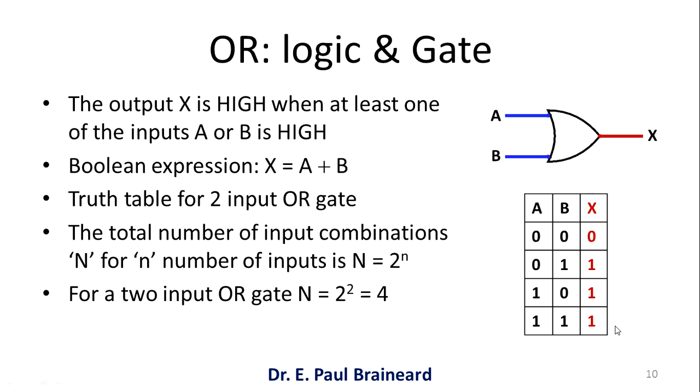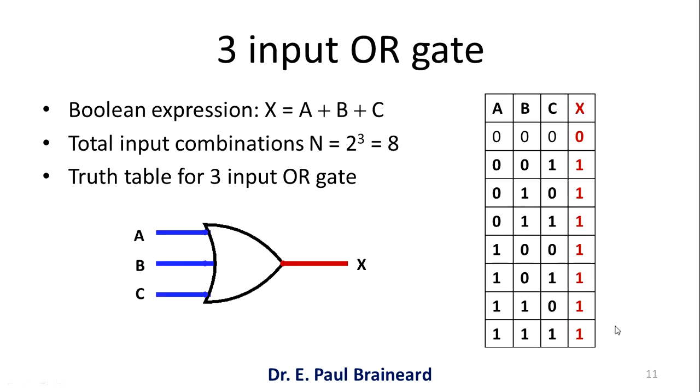The 3 input and 1 output OR gate is shown in the figure. With a 3 input OR gate, you can have 8 input combinations. Here also you can observe that the output is high if at least one of the inputs is at logic high.